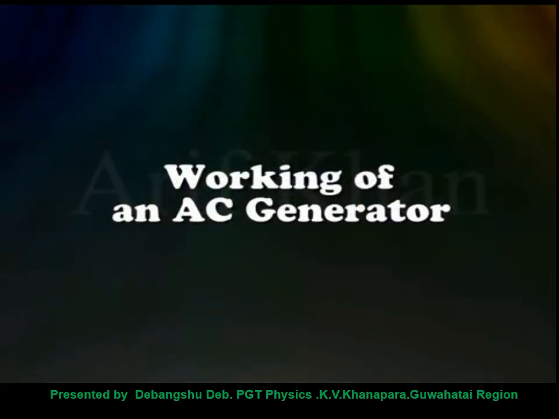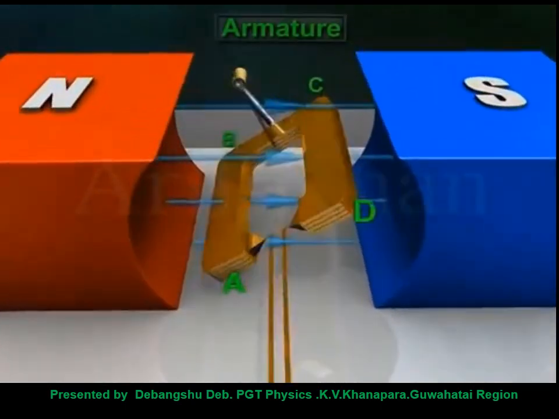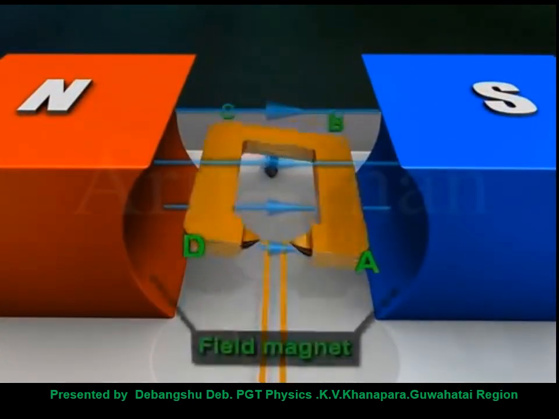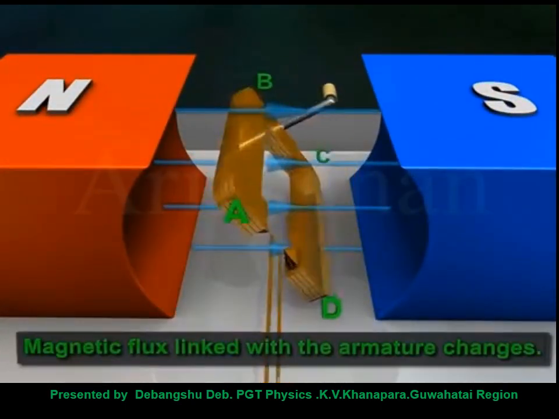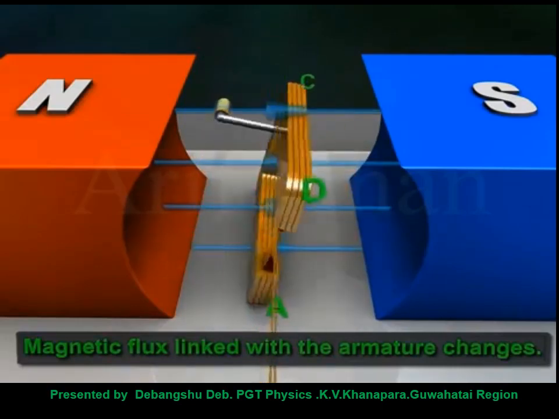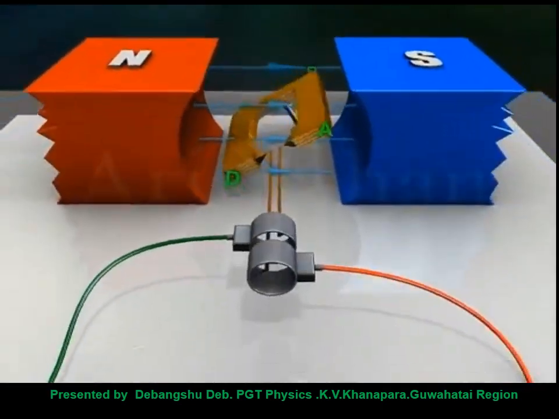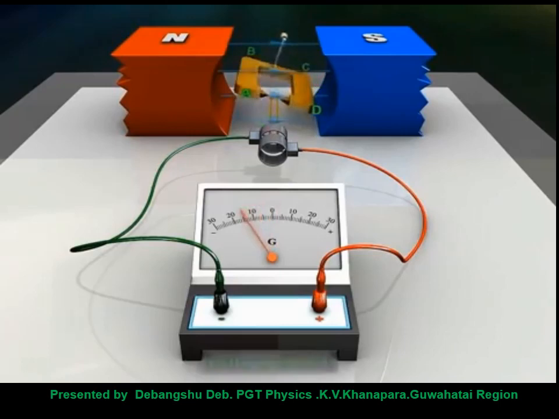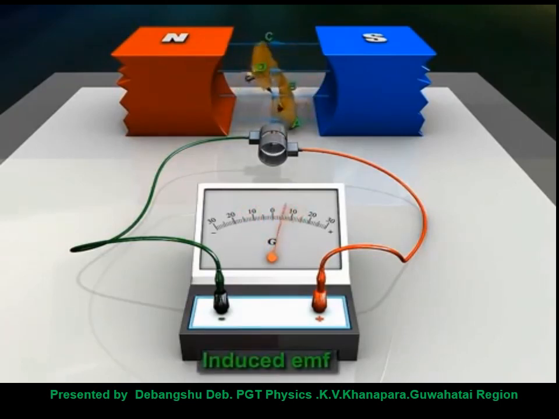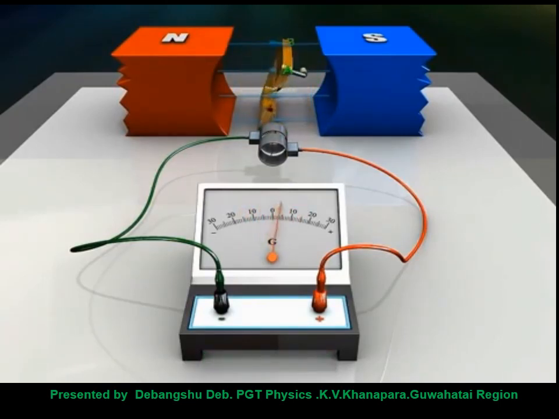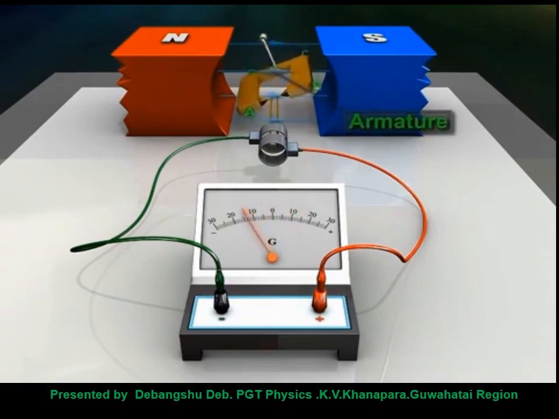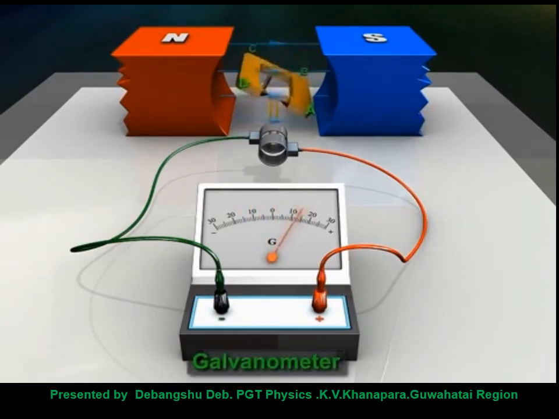Now how does this AC generator work? Inside the field magnet, when it is rotating, there is a change in flux. You know, E is equal to minus d phi by dt, and phi is equal to NBA, where N is the number of turns.